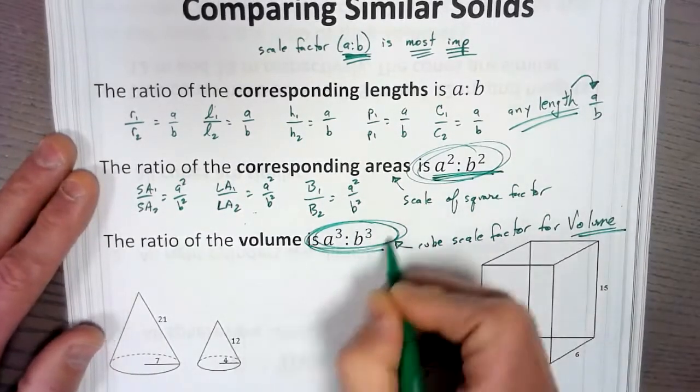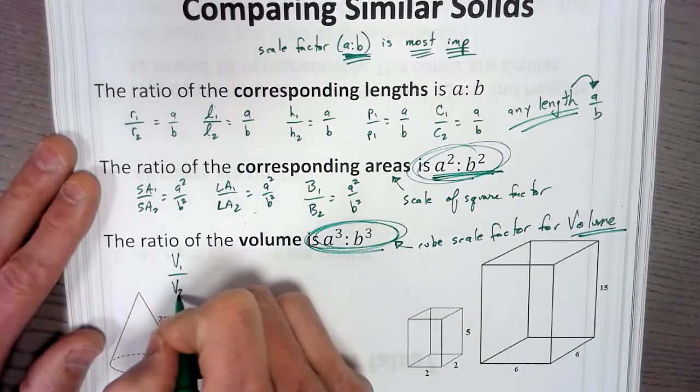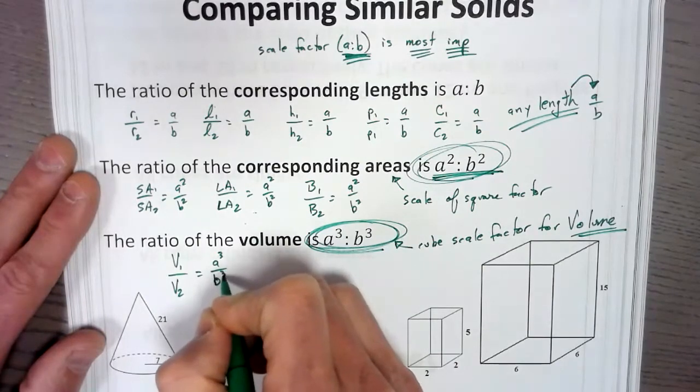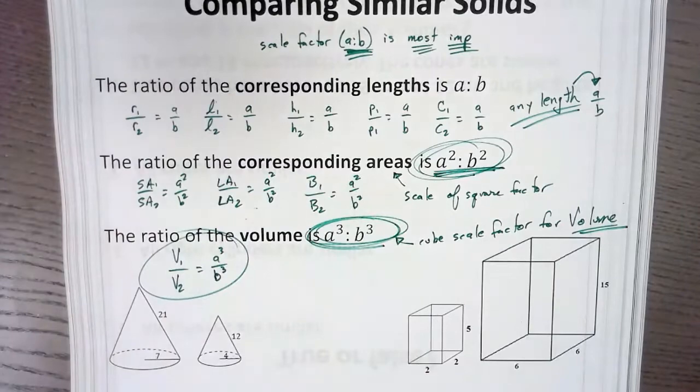So the volume of 1 to the volume of 2 is equal to the scale factor cubed, A cubed to B cubed. This is the main idea for today.